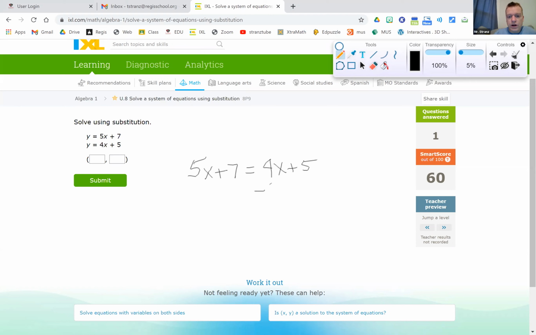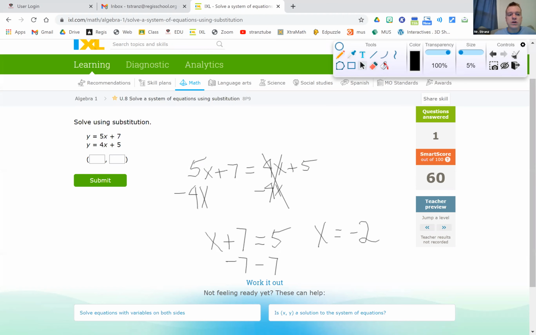So I'm going to subtract 4x here. These go away. I'm going to subtract 4x over here. Now I have x plus 7 equals 5. My last step is I need to subtract 7 here, subtract 7 here. x is going to be negative 2.